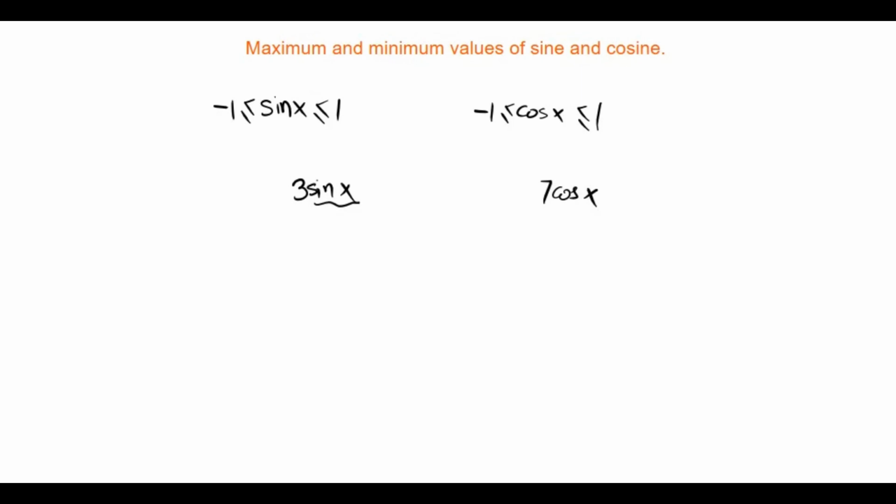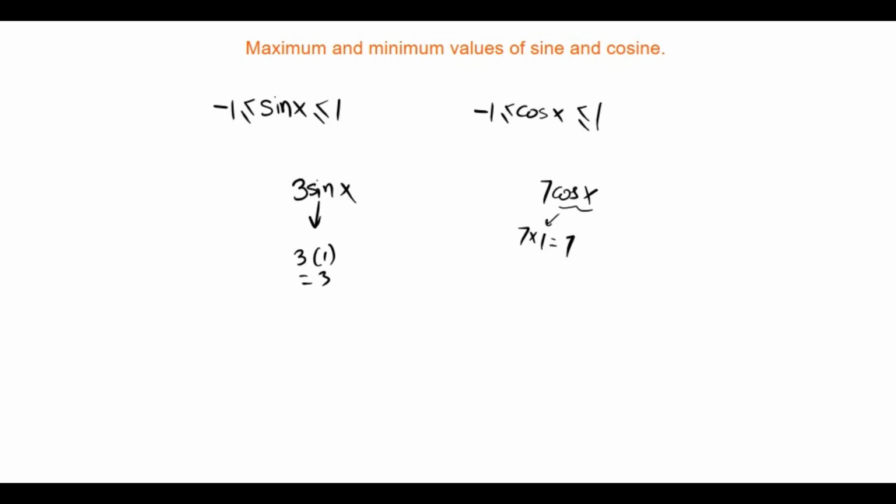That means the maximum value of sine is 1, but this function is 3 times sine x. That means the maximum value of this function would be 3 times 1, which is 3. In this case, the maximum value of 7 cos x would be 7 times 1, which is 7.